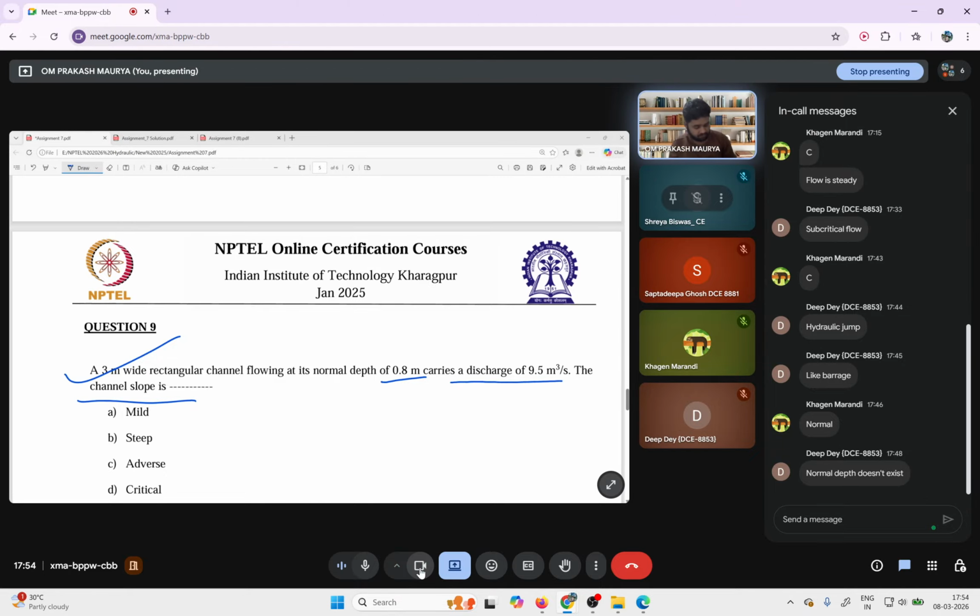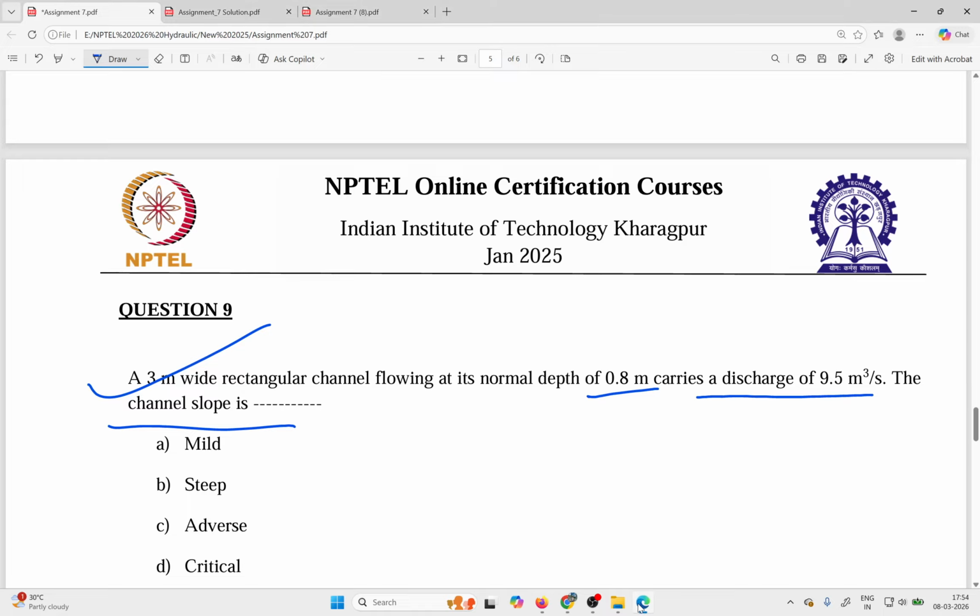Okay, now let us solve question number 9. Here you have a 3-meter wide rectangular channel, and the depth is 0.8. The discharge is given.